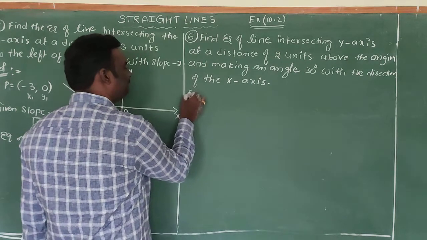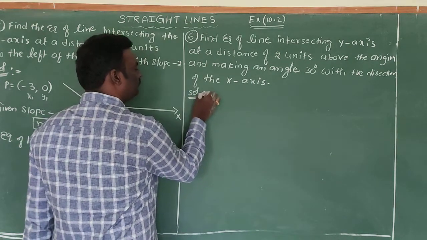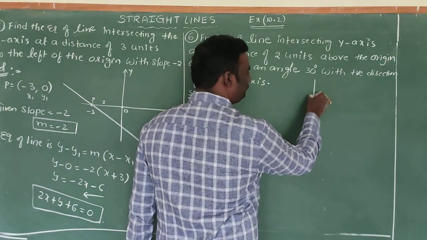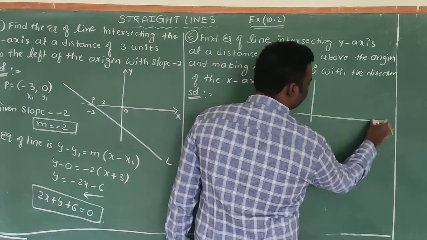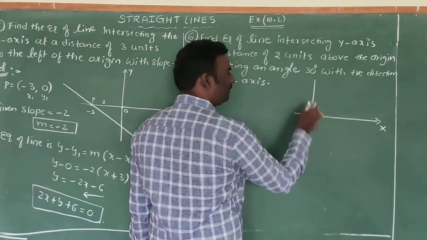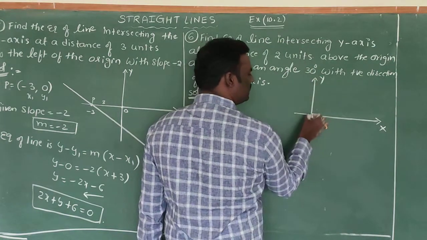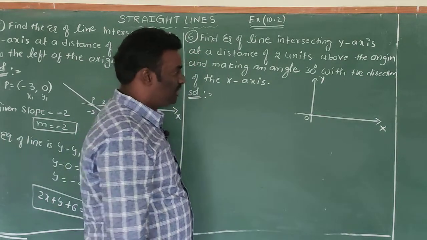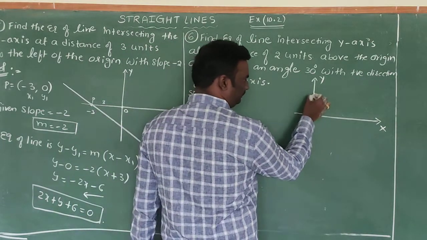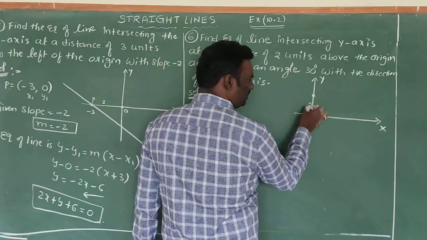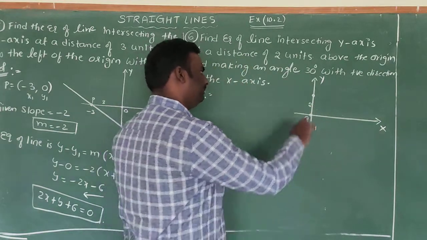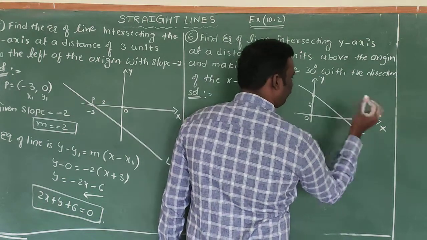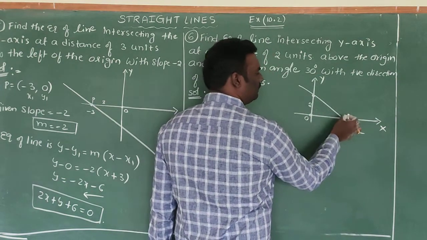Solution. First I will draw the diagram. This is x-axis and this is y-axis and this is 0. 2 units above the origin. So these are the 2 units above the origin.